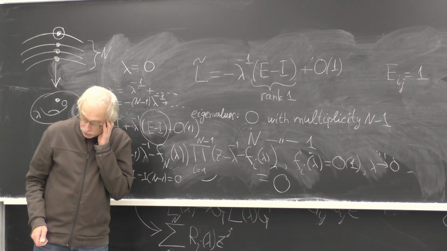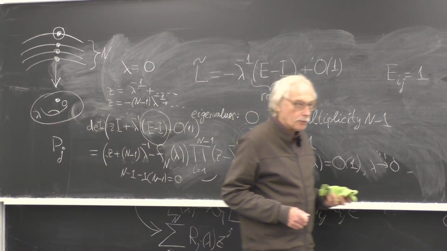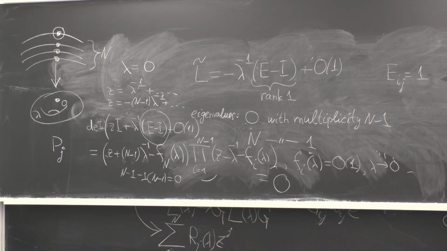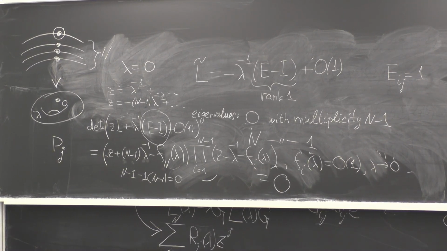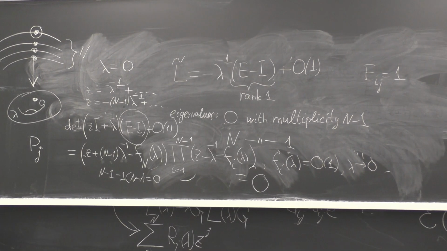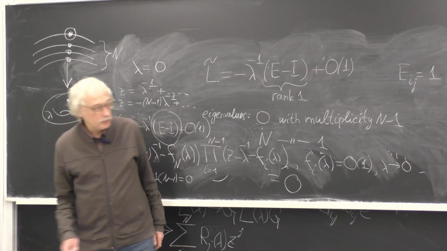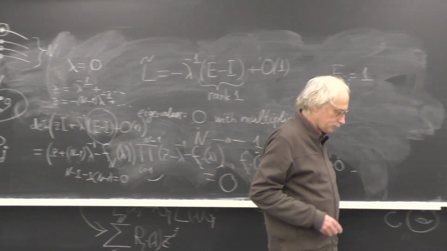And it remains to find the genus of the spectral curve. For this, we need the Riemann-Hurwitz formula.